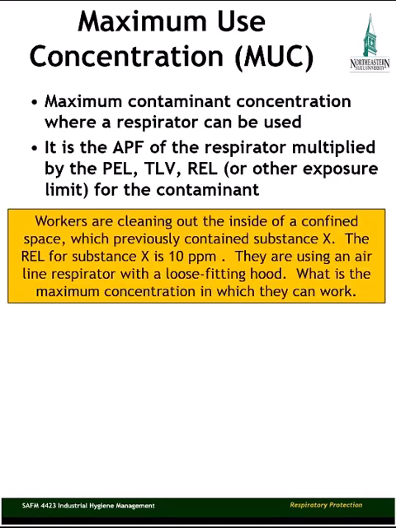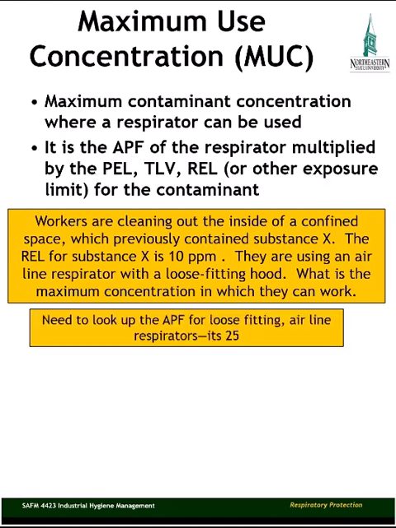Workers are cleaning out the inside of a confined space, which previously contained substance X. The REL, or recommended exposure limit, for substance X is 10 parts per million. They are using an airline respirator with a loose-fitting hood. What is the maximum concentration in which they can work? We need to look up the APF for loose-fitting airline respirators.